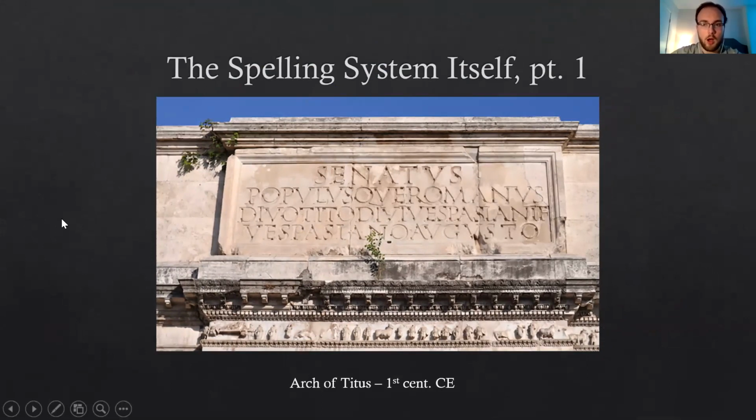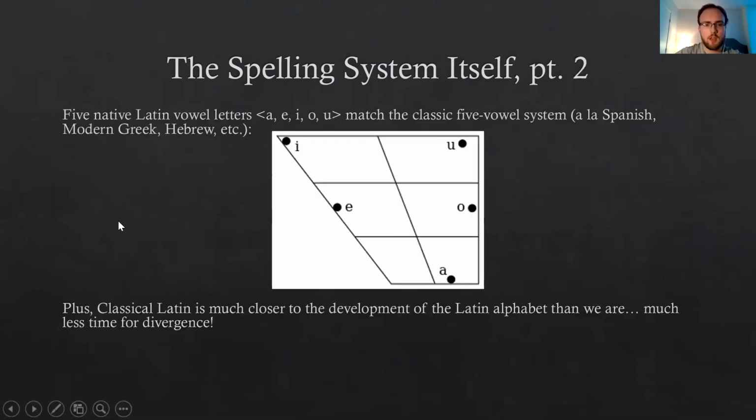You don't even see a Y in here, even though Y was used to depict some Greek loanwords. We won't worry about that for now. In 99% of the Latin you see, all you see is A, E, I, O, and U, or in a more continental pronunciation, A, E, O, U. And just basically off this firsthand assessment of the Latin spelling system, we can see this corresponds to how we would represent a modern 5 vowel system in Spanish, modern Greek, Hebrew, any number of languages that use this system.